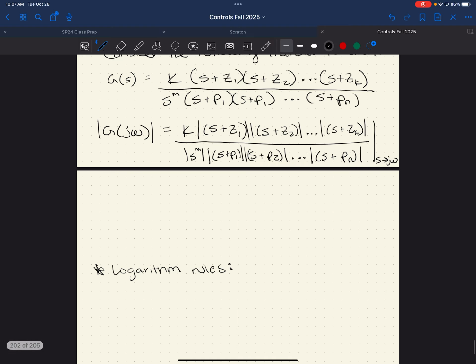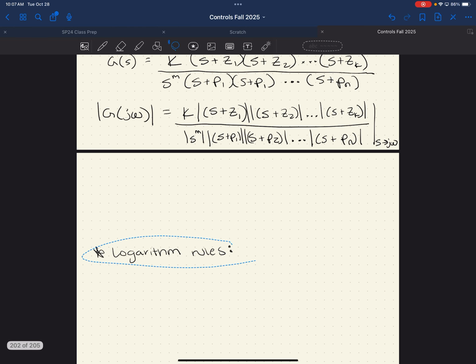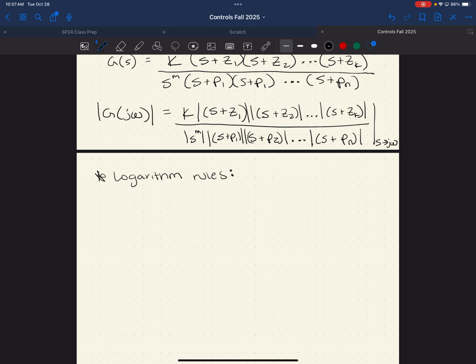But when I'm graphing these Bode plots, I don't actually use just the pure magnitude. I take the logarithm of this magnitude. I take 20 log of this magnitude of G(j omega). And so let's review what those weird funky logarithm rules are. Those weird logarithm rules say that if I have the logarithm with some base b of two numbers that are being multiplied, this is the same as adding the individual logarithms.